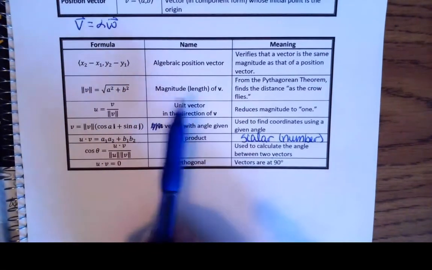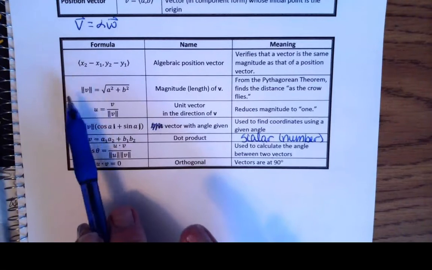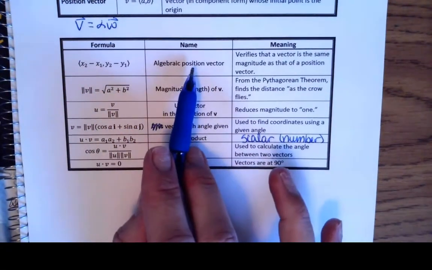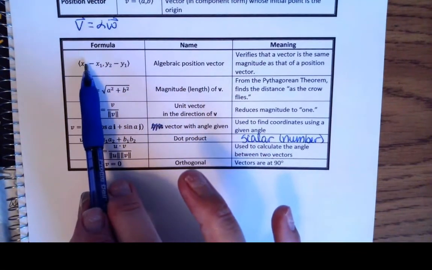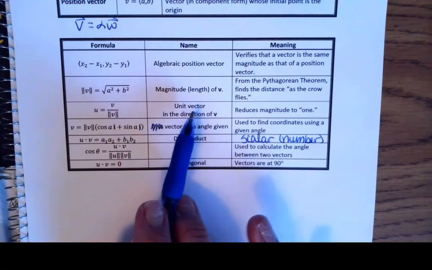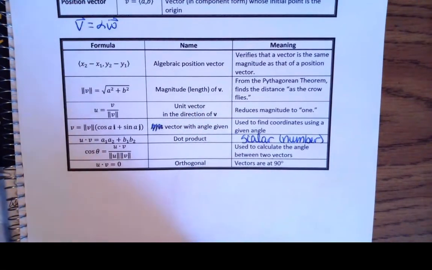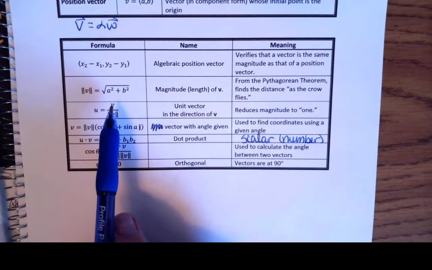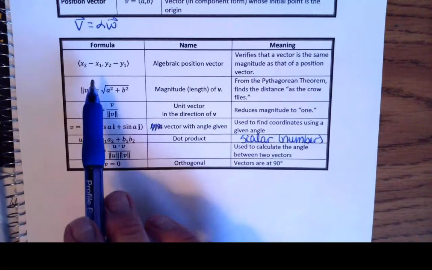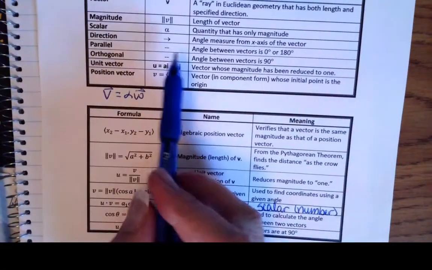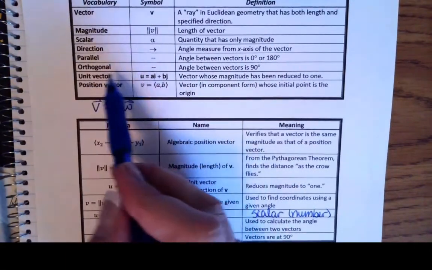So the magnitude, if you'll notice, is just the length of your vector, and you're going to find that using the Pythagorean theorem. My position vector is going to be found by the change in x's, followed by the change in y's. And then I can have a unit vector, which is in the same direction as v, which I'll explain later, but you just take whatever your vector is, whether I'm using the algebraic position vector or the unit vector notation, whichever, okay?